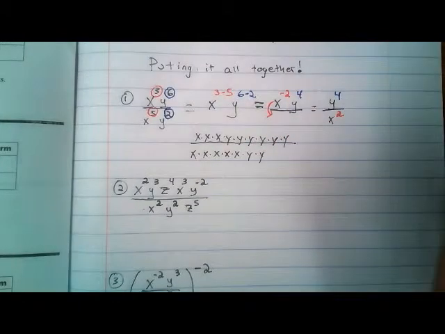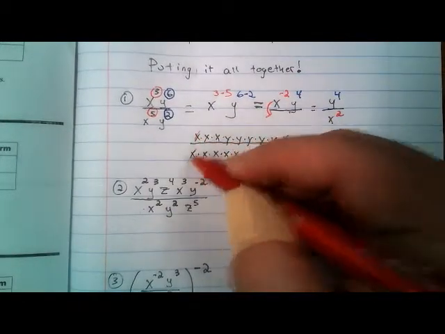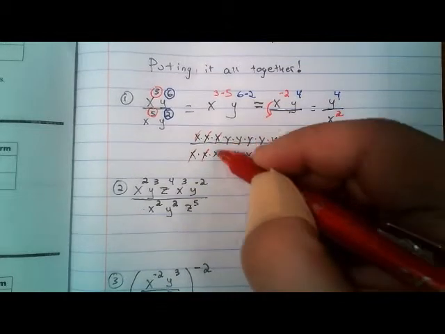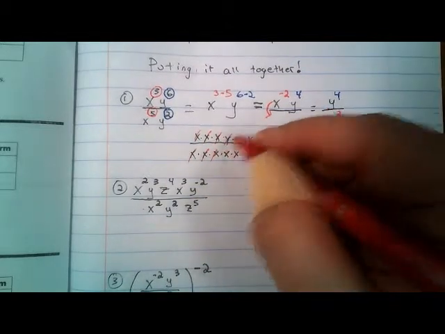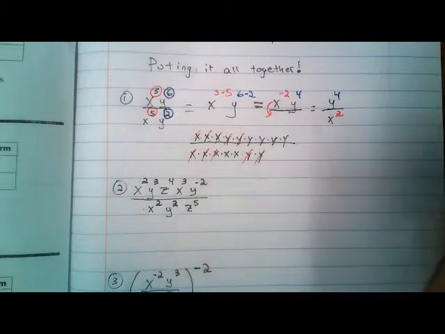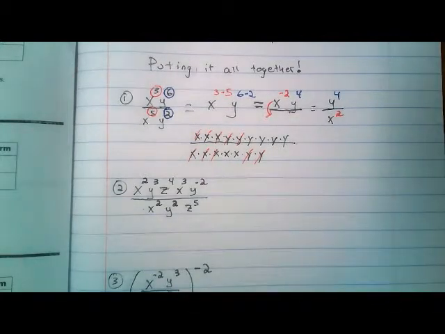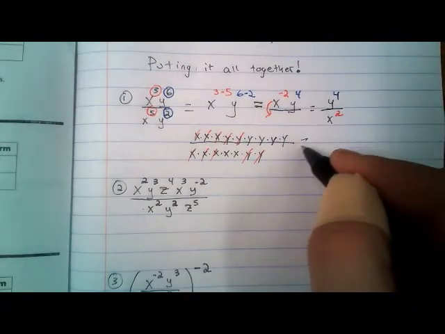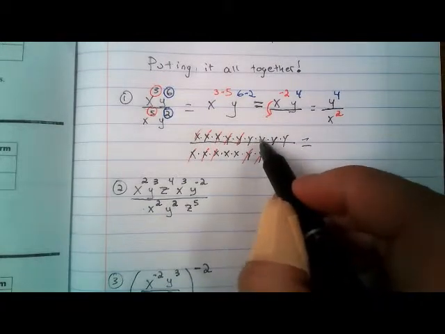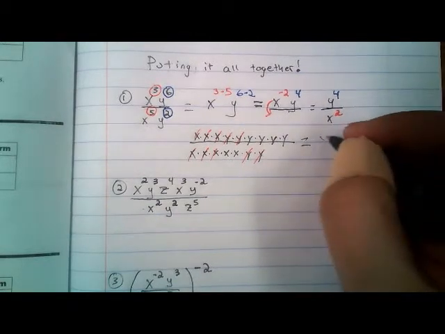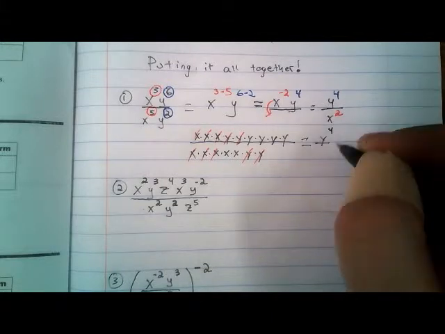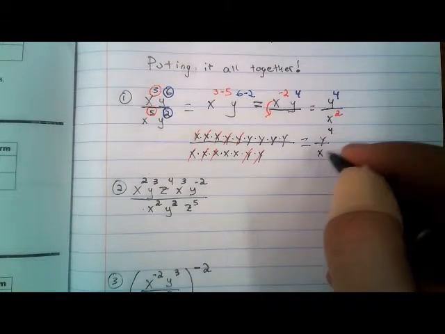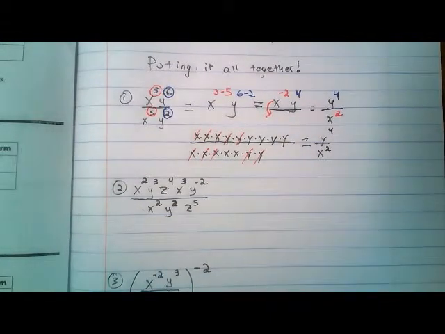So if you don't remember these rules, you can use the expanded form and just start crossing off like terms. And you'll find that you get the same answer: y to the 1, 2, 3, 4 over x squared.